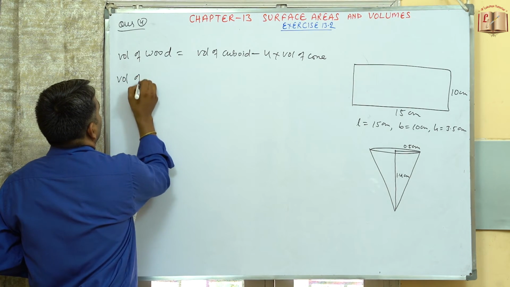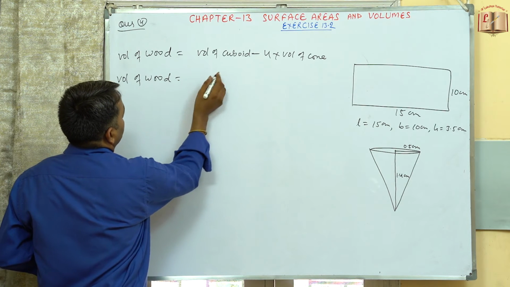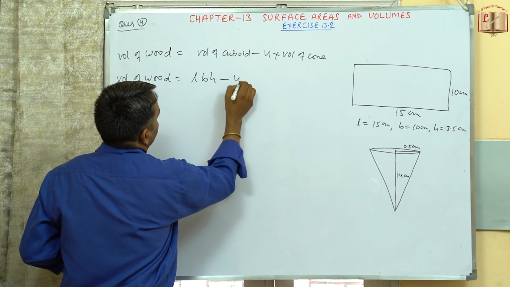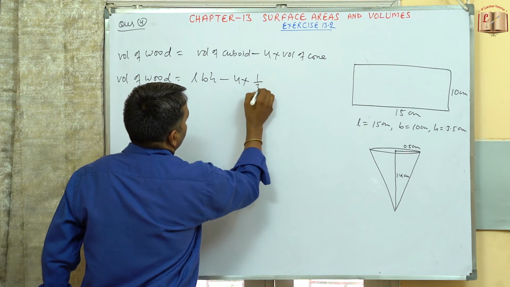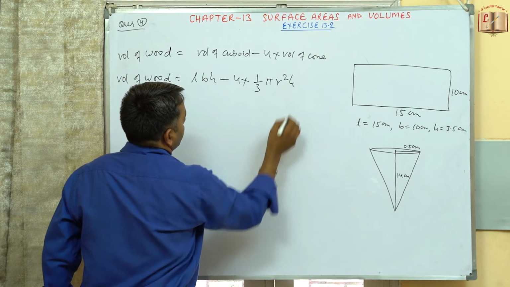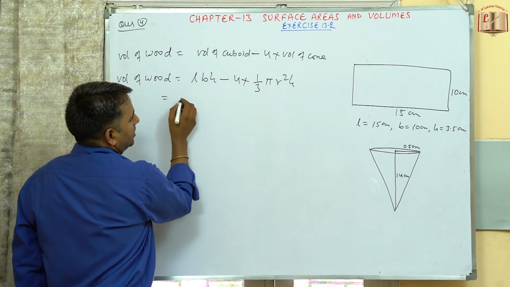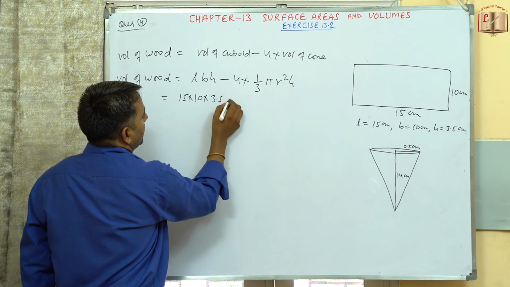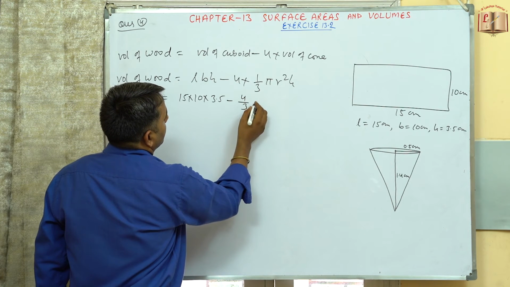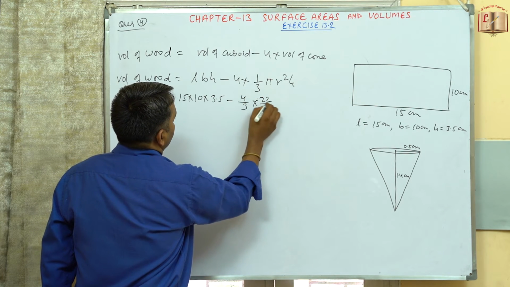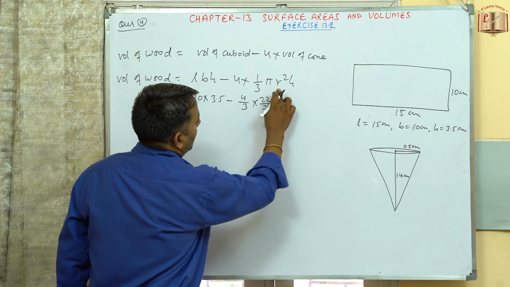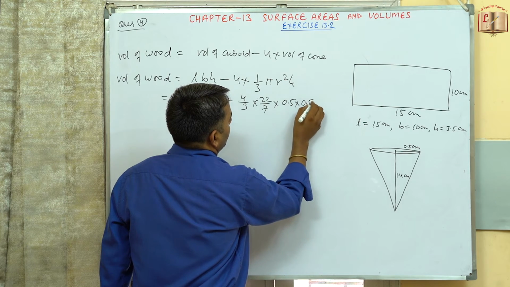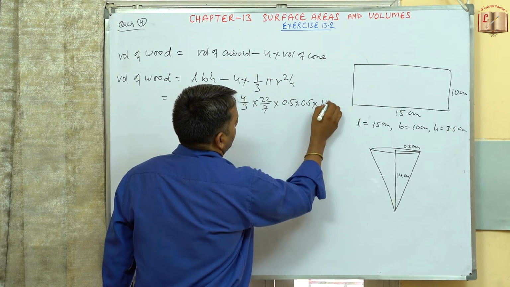Volume of cuboid is LBH minus 4 into volume of one cone, which is 1 by 3 pi r square h. So this is 15 into 10 into 3.5 minus 4 by 3 into 22 by 7 into 0.5 into 0.5 into h, this is 1.4.